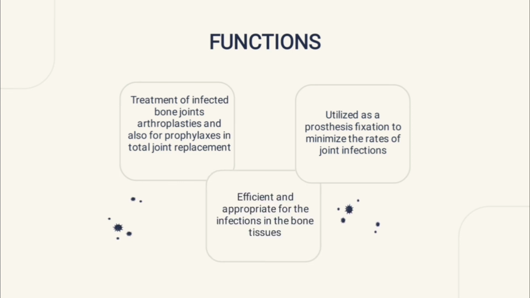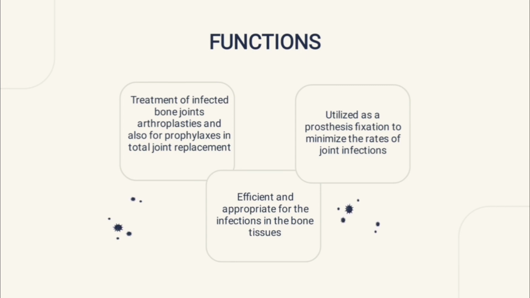Also, it is efficient and appropriate for the infection in the bone tissues, because the addition of antimicrobial agent to bone cement decreases the mechanical properties and is correlated to the quantity of antibiotic added and the homogeneity of the preparation.